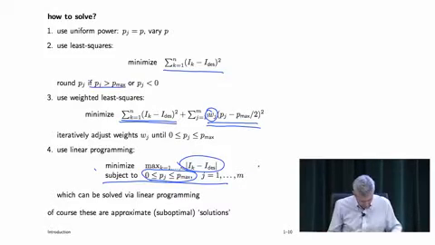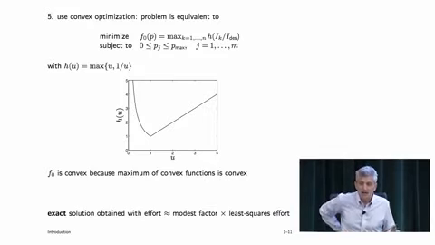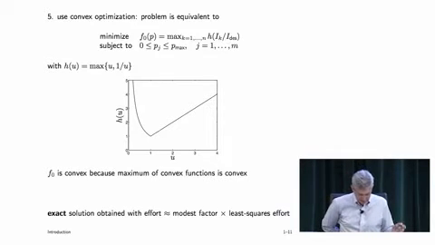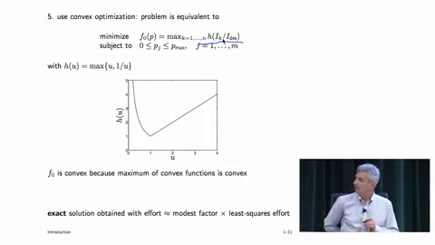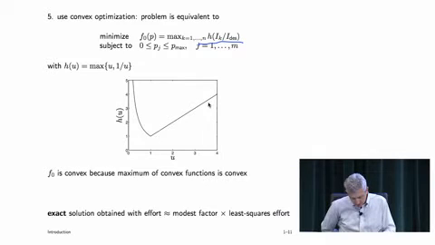But okay. Now, all of these are not solutions, right? These are approximations. But it turns out it's a convex problem. I'll say why in a minute, but it's convex because what you're really minimizing is this thing. H is something like the fractional error, right? So it looks like this. If you're above your target 1, then it's just linear.